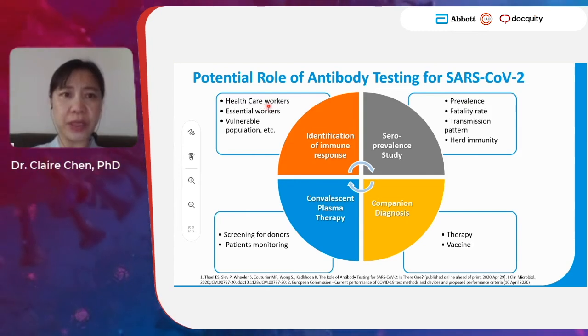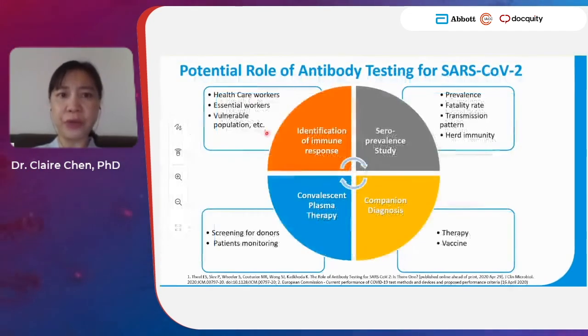This could include high-risk people like healthcare workers like yourselves, essential workers, and vulnerable populations like older people or immune-compromised people. So when you do the antibody detection, this might help.